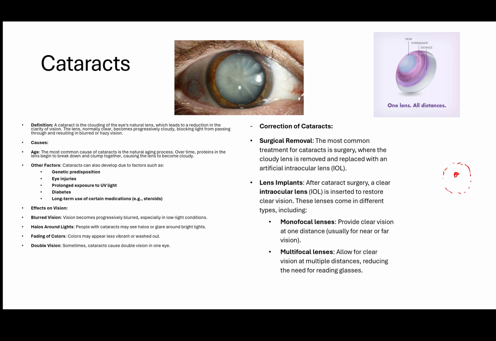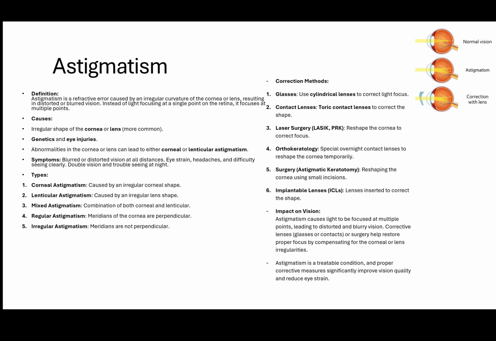So those are the different types of intraocular lenses. We can fix these issues by removing the lens itself and having a lens implant.